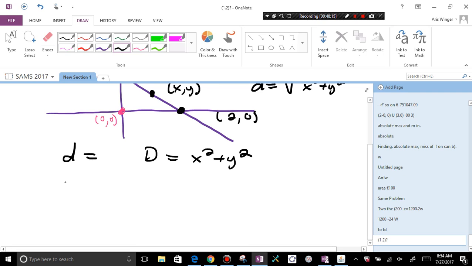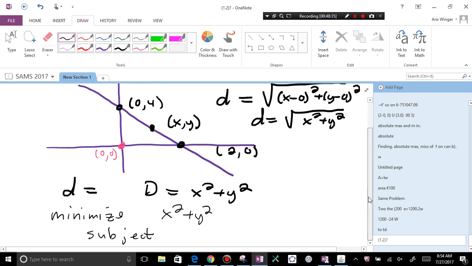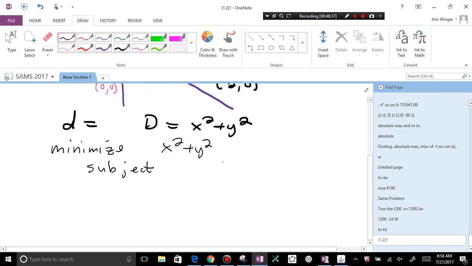And so we want to minimize x squared plus y squared subject to the constraint y is equal to 4 minus 2x.